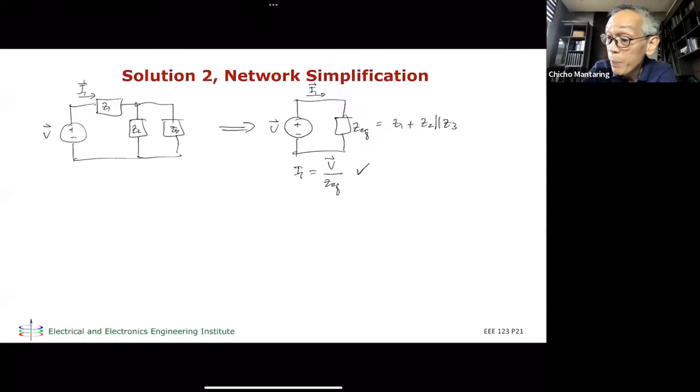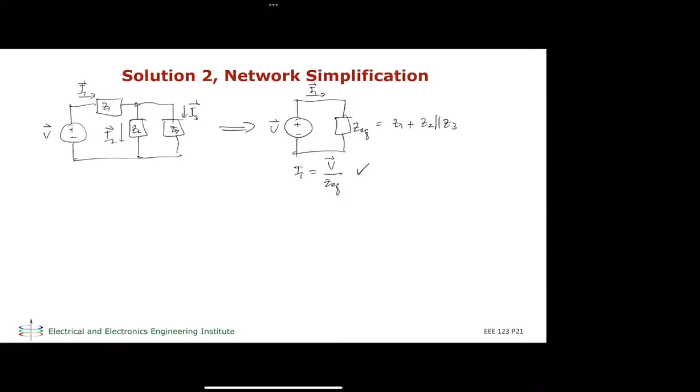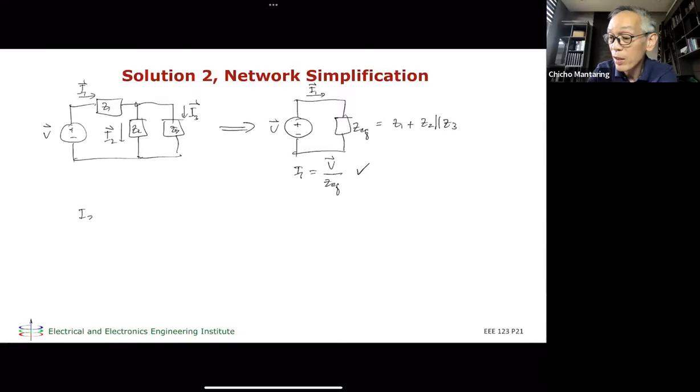Kung alam ko yung I1, paano ko masosolve yung I2? Albert, may idea ka? Current division po. That's right, no? So I2 and I3 can be solved using current division.